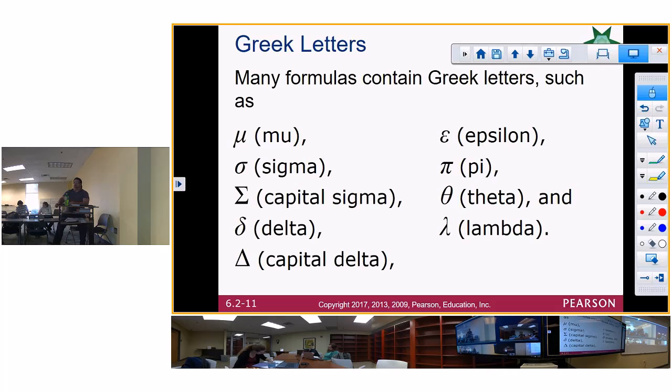And lambda. Some of these you won't see until you're in calculus. But like lowercase delta, lambda, and epsilon, you don't see until you get in upper level mathematics. Both sigmas and mu, you'll see in Math 120, which is probability and statistics.